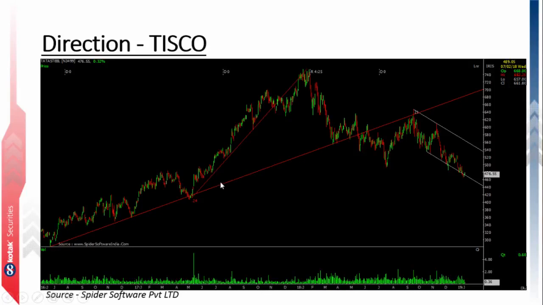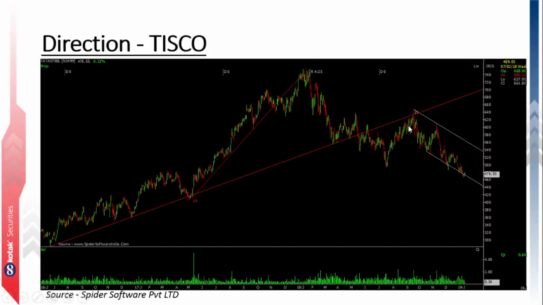So if the trend line is going up and if it is a steep trend line, then the stock takes time to fall. But if it is a 45-degree kind of trend line, then it gives a proper signal that the stock is exiting out of its bullish or bearish setup. And here you can see that after breaking the important support area at 580, 590, Tata Steel has reversed its trend.